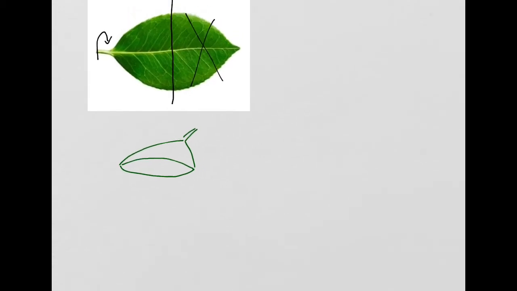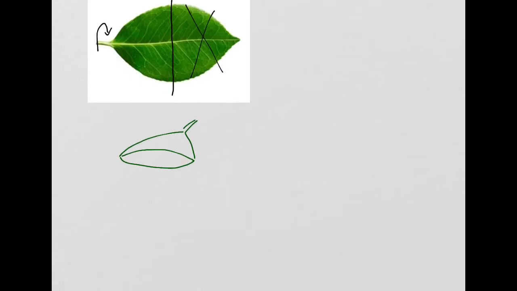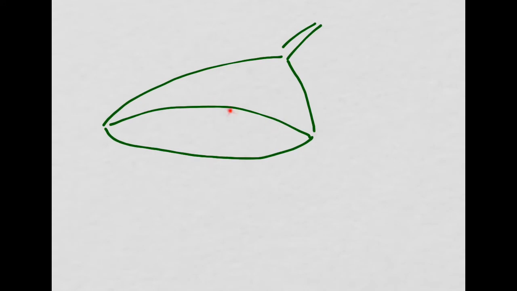So right here, there's my pointer. The stem of my leaf is now over here, and I'm looking at it. I've cut it across right here, and I'm looking down the interior of the leaf. So we are going to be talking about this structure within the leaf right here. What does that look like?